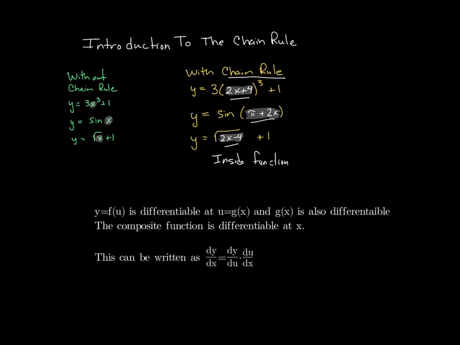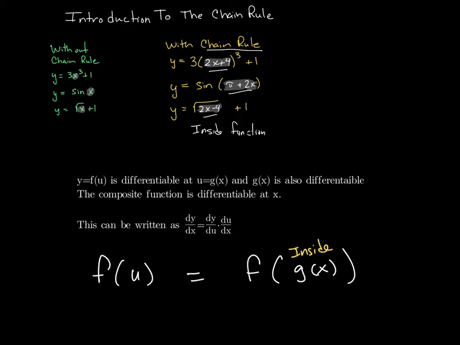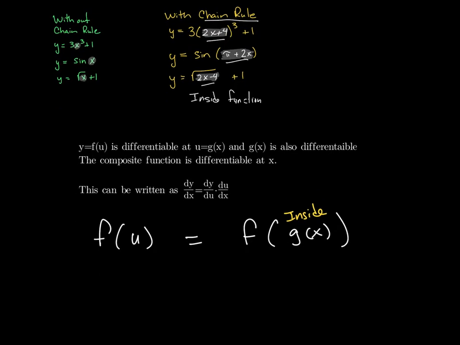Okay, so what does all of this mean? What this means is if I have some function f of u, I can rewrite that function as a composite function where g of x is my inside part and I have my outside entire function. Well, what does this mean?